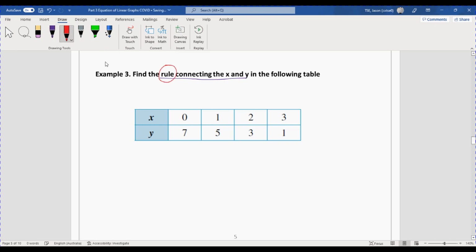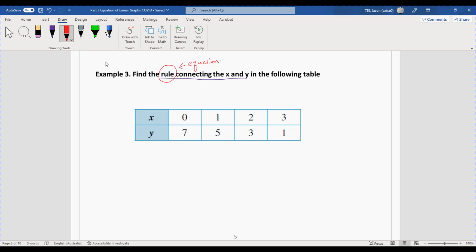Rule is just another word for equation. And the equation we're using is y equals mx plus c.